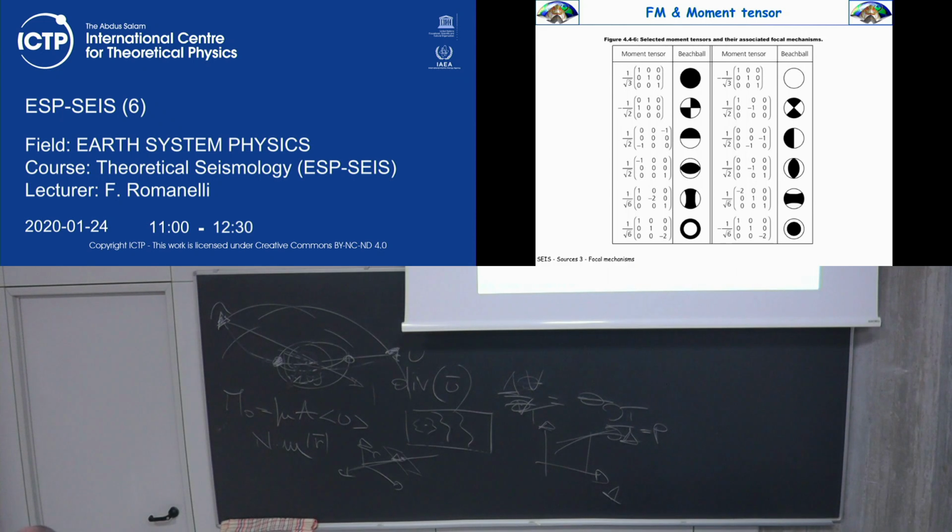So maybe it's the case that you don't fix that the total trace is 0, or that one of them is 0. Otherwise, you will fix the focal mechanism to be perfectly like that. You see the lines are perfectly joined, creating a quadrant. But maybe there is a percentage of it that is not a double couple. So please do remember this.